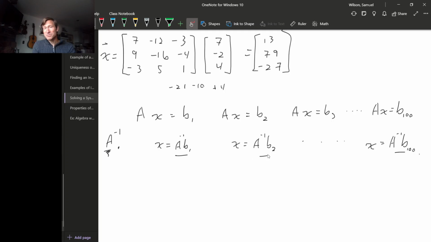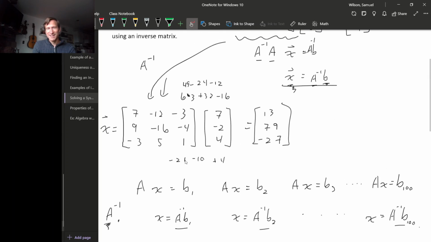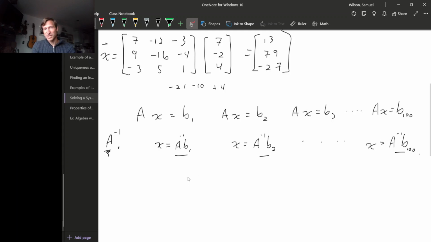And a simple matrix multiplication is actually a lot less work than doing a full row reduction for every equation. So for any single equation, most of the work is happening in this row reduction, but we only have to do that once, not 100 times. This matrix multiplication is a relatively cheap calculation because it's relatively simple, and so we do need to do this multiplication once per equation, but that's okay because it's a very quick operation.